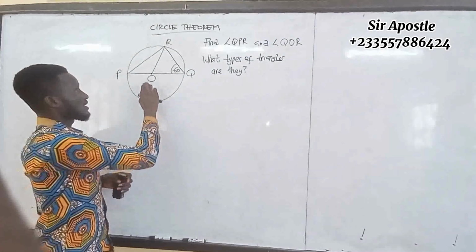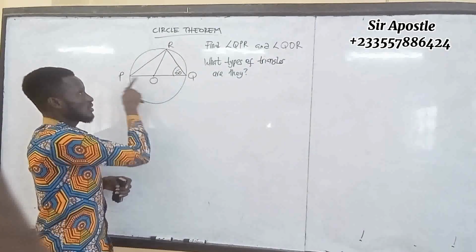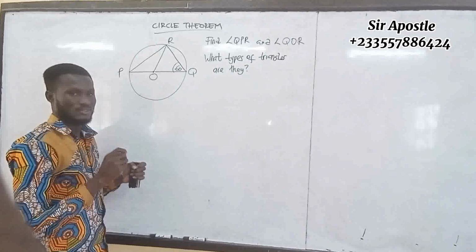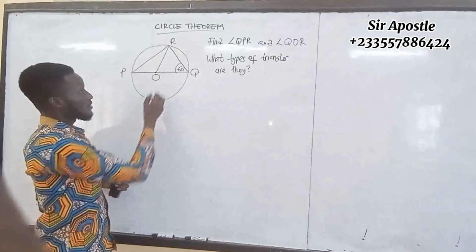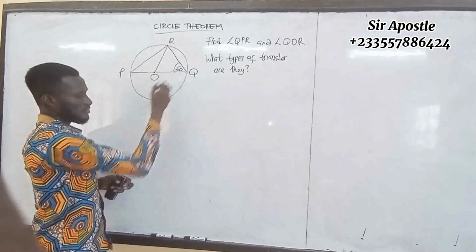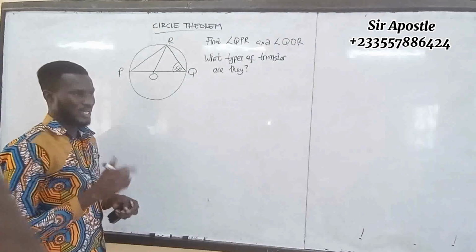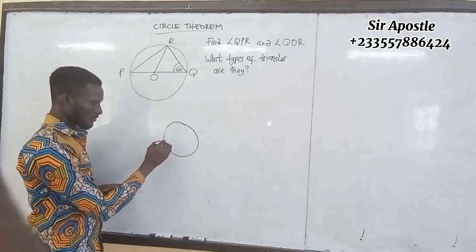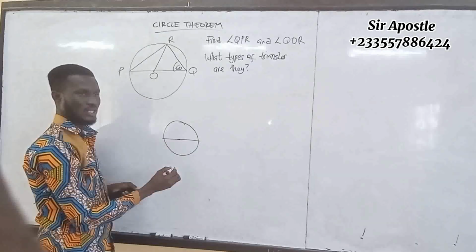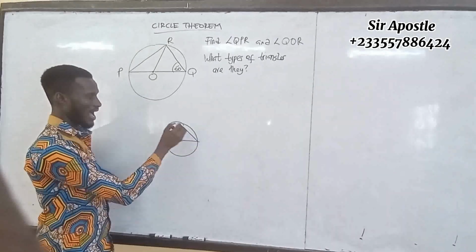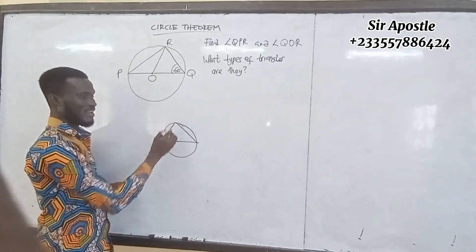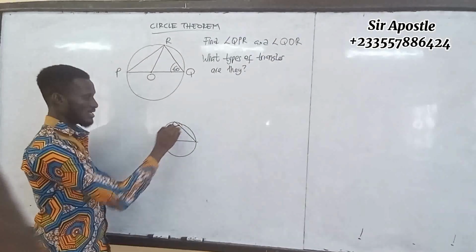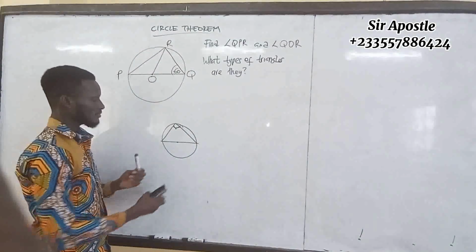Then Q and P form an angle at R. Now listen, per the diameter rule, we said that when the diameter forms an angle at any point on the circumference of a circle, the angle formed here is 90 degrees.